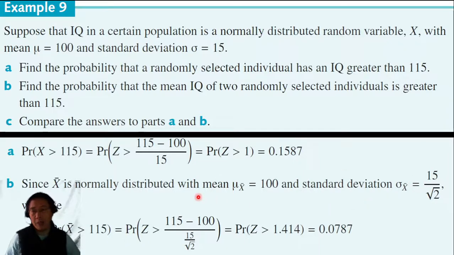Similarly to the proof that we've done before, we end up with that mean random variable having the same mean, but the standard deviation will be 15 over root 2. With those new parameters, that gives us a new normal distribution, and we can standardize that probability. Once we standardize it, we simplify it. This one, we're going to use a calculator to evaluate.